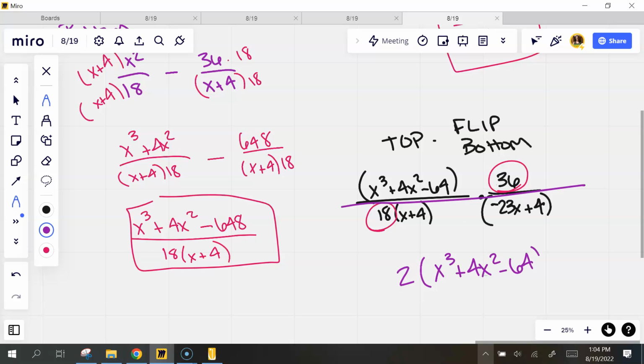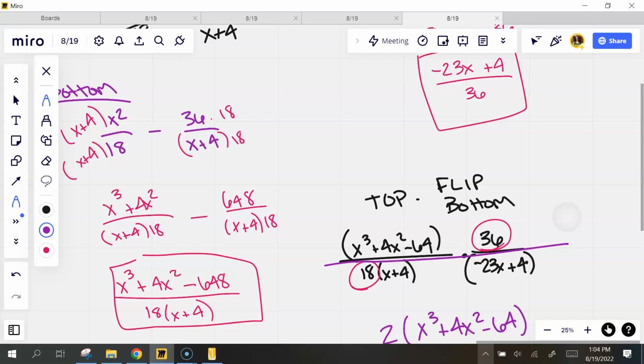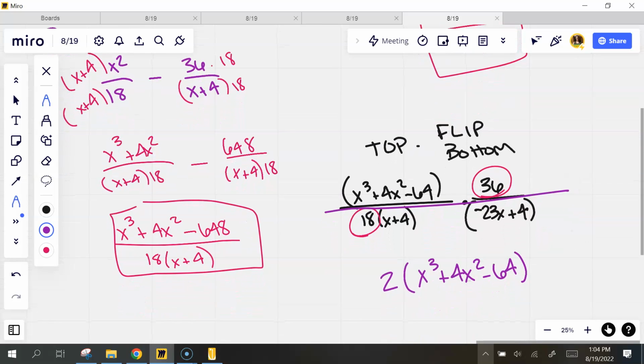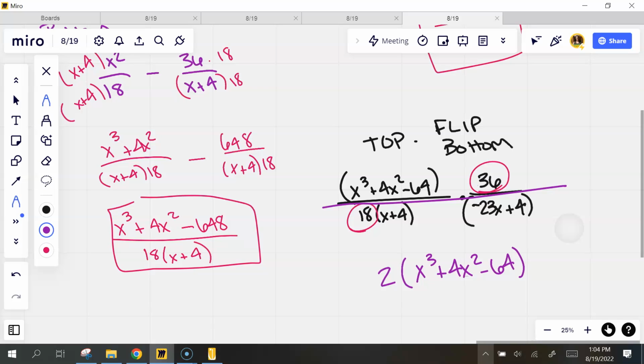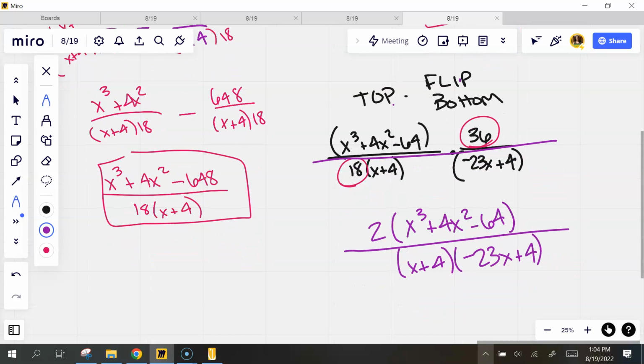Because I accidentally did top times flip bottom instead of, I accidentally did flip top times, it's going to be flipped over.